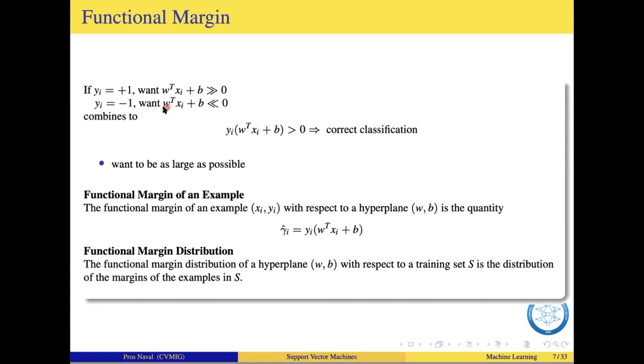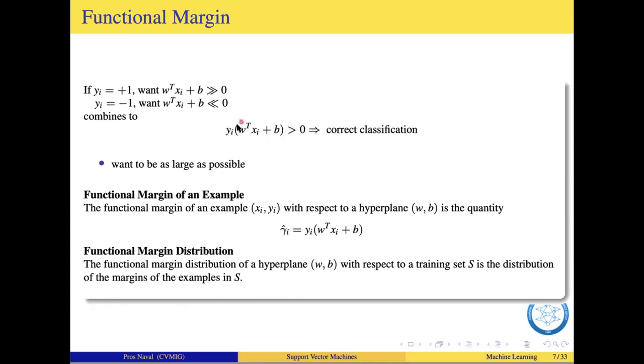Now, if our label is -1, and this quantity is also very much less than 0, then the product of yi and this quantity must be greater than 0. In other words, if the product of our label, which is either 1 or -1, times this function here is greater than 0, then what we have is correct classification. And not only that, we want the left hand side to be as big as possible.